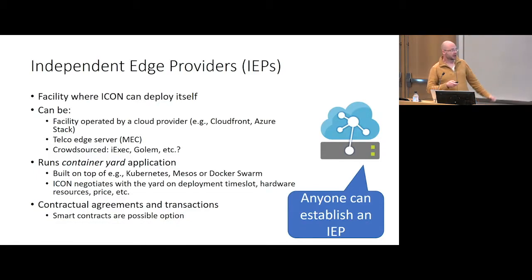And of course, those entities are motivated because they expect some revenue coming from those containers. So we were considering smart contracts as a means of contractual agreement because it's very dynamic. Smart contracts are familiar from the Ethereum network and other blockchain platforms.